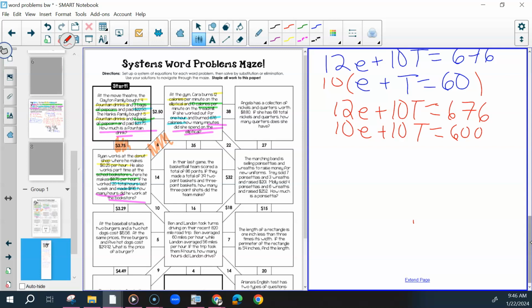Subtract. We have 2E. Those would cancel, make 0. And 76.